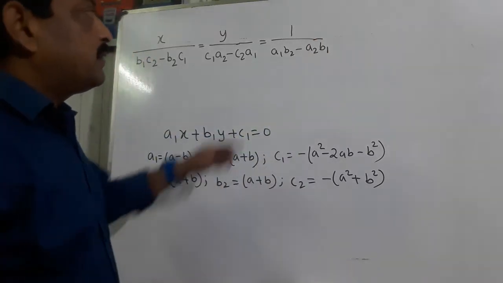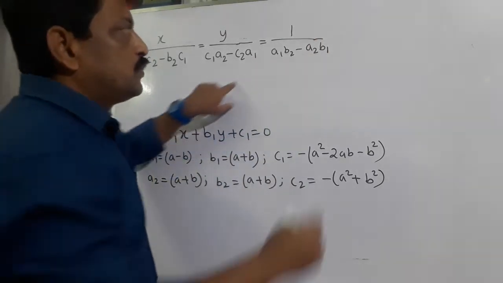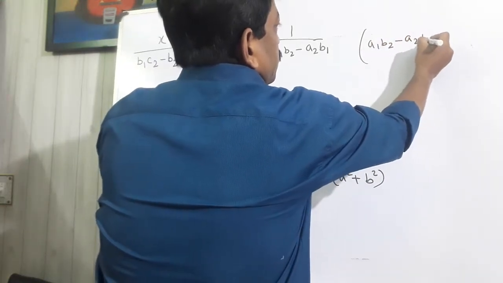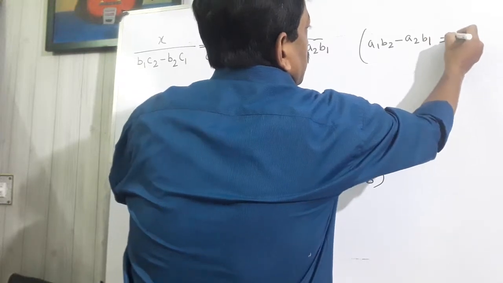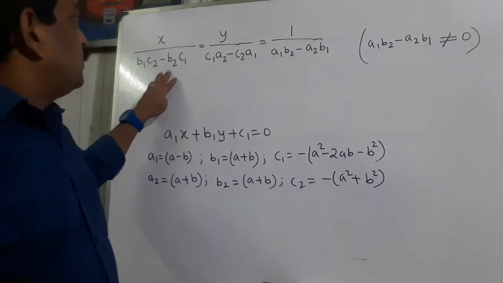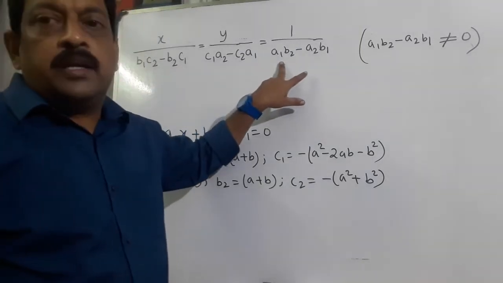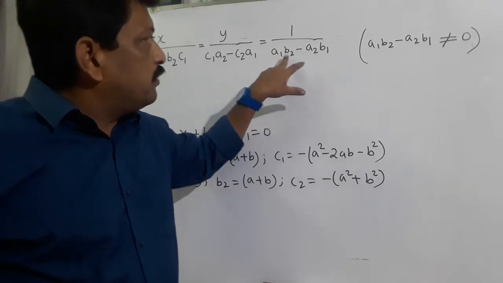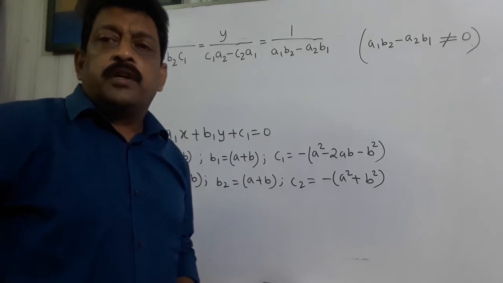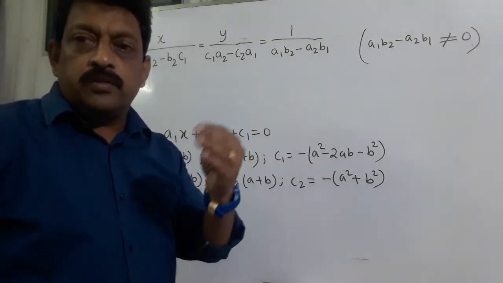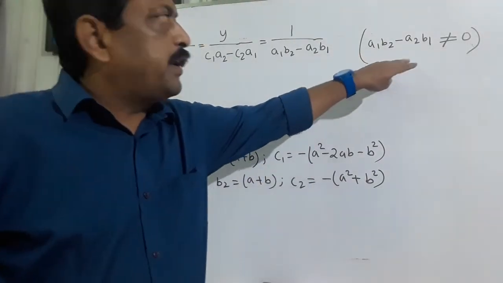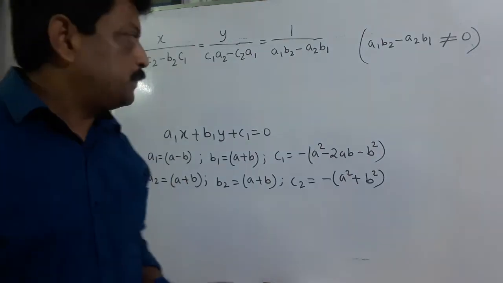So always remember that a1b2 minus a2b1 is not equal to 0. Otherwise, if a1b2 minus a2b1 is 0, then the answer will not come, it will become undefined, because 0 in the denominator means undefined. So this expression, a1b2 minus a2b1, is never equal to 0.